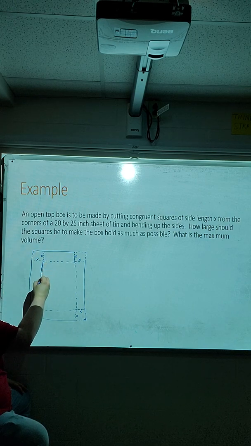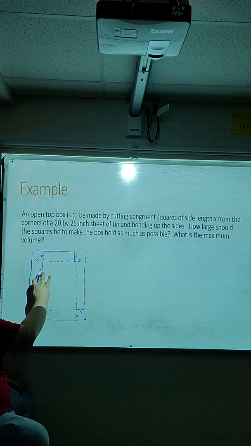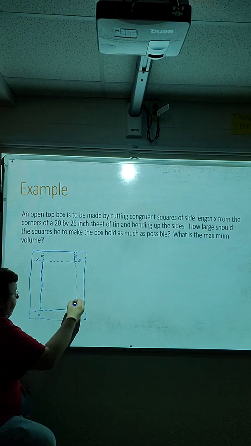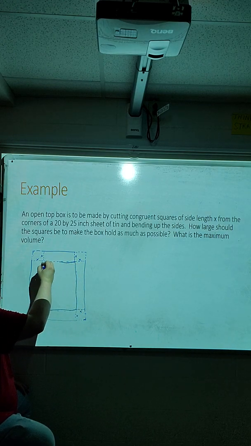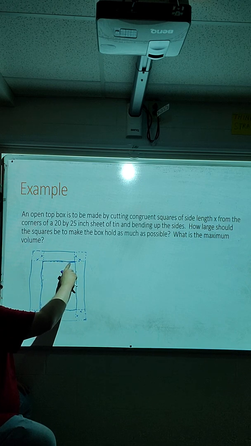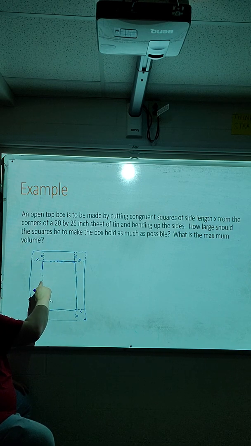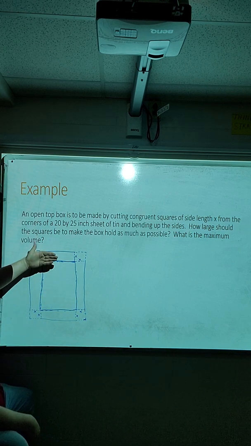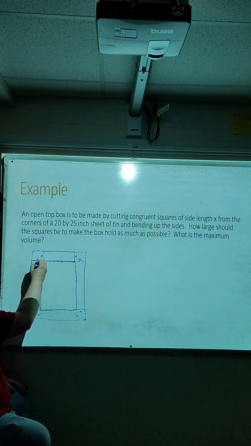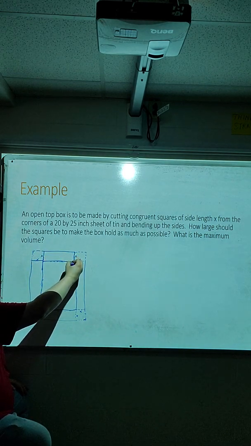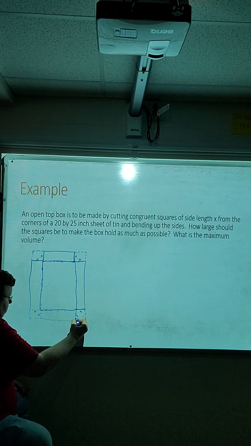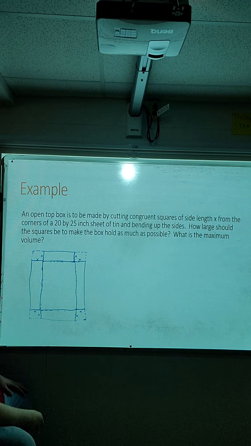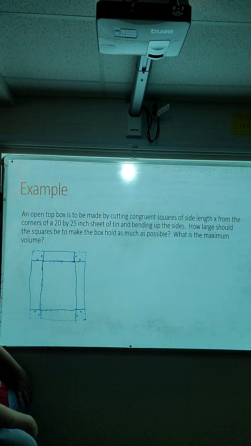So this rectangle in the center here will now be the bottom of the box. I'm terrible at drawing, sorry. That will now be the bottom of the box. I'm going to fold up these sides here, to where now I'm going to have a box.